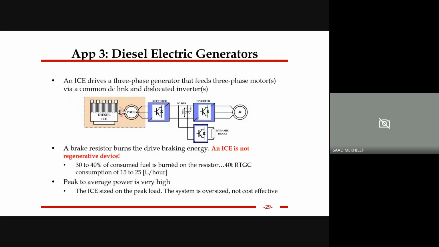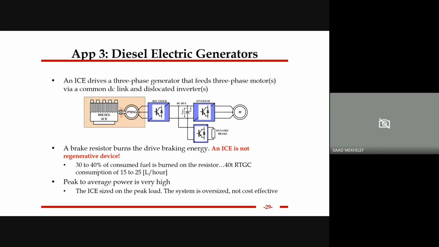Diesel generator. This is quite important, because it is commonly used in microgrids. Once we have a diesel generator, these diesel generators usually provide the power. Usually we have rectifiers, and then we supply the load, and then we have dynamic braking to store the energy.